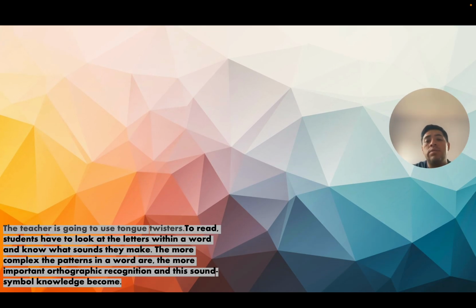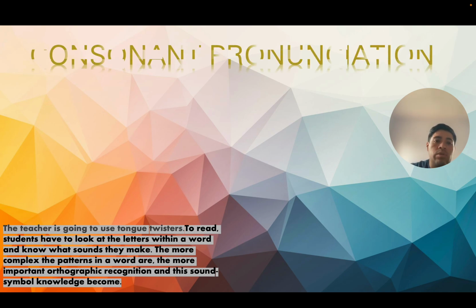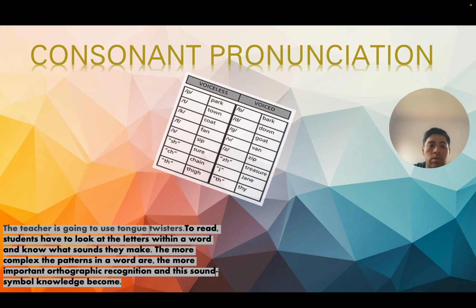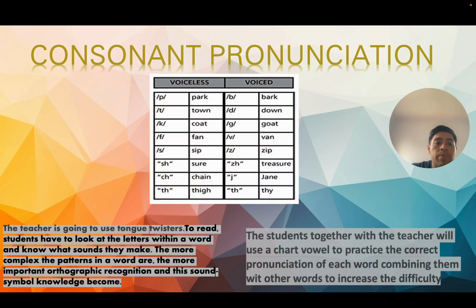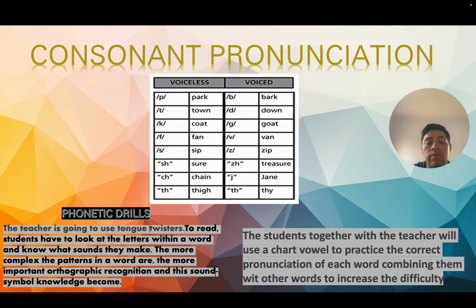The next step is we're going to learn and teach consonant pronunciation. The technique that we're going to use here is phonetic drills. Phonetic drills means that the teacher is going to use tongue twisters in this case, so the students have to look at the letters within a word and know what sounds they make.